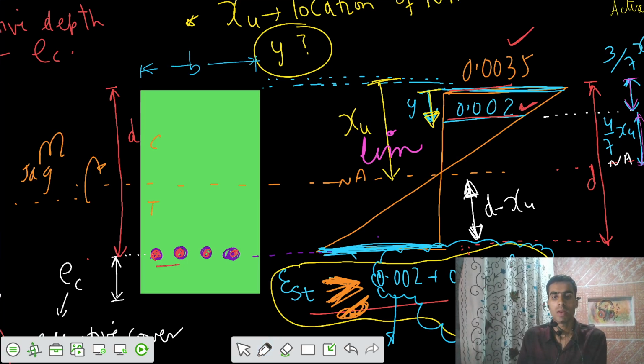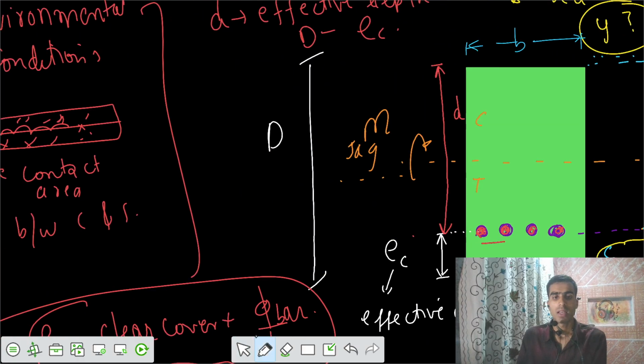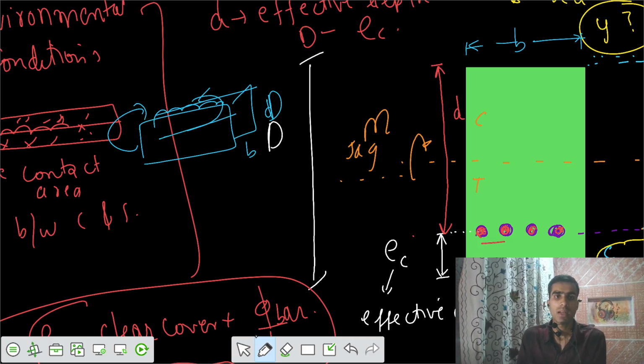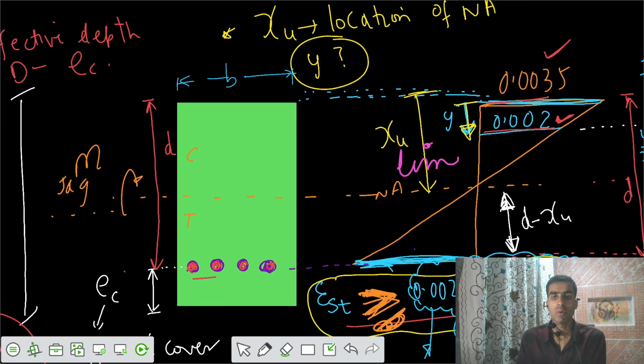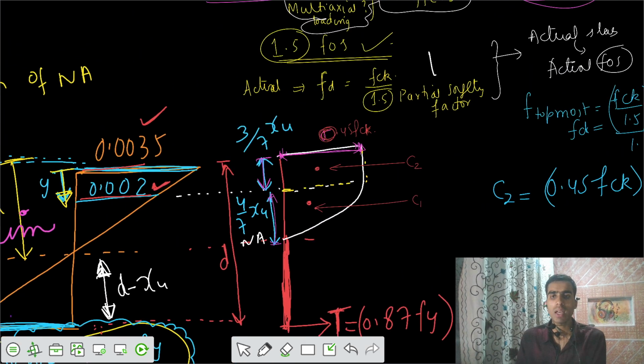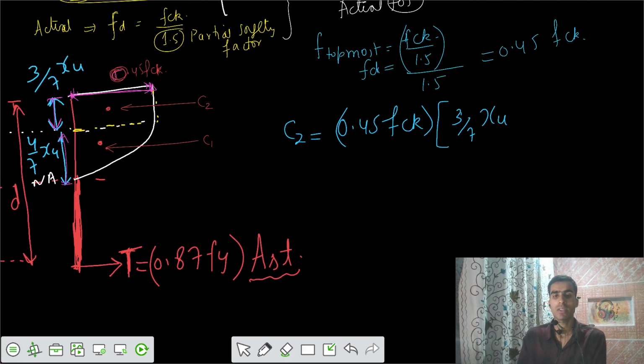Let's say there was some beam with some cross section of B by D, and you are applying a sagging bending moment, and because of that we have a neutral axis, with top compression and bottom tension, and let's say the entire section of width B is resisting that sagging bending moment. So what should be the value of C2? That should be stress into area.